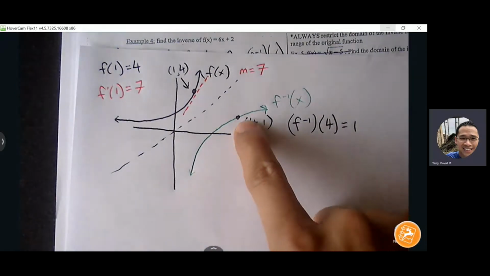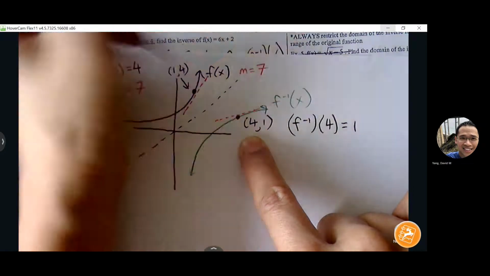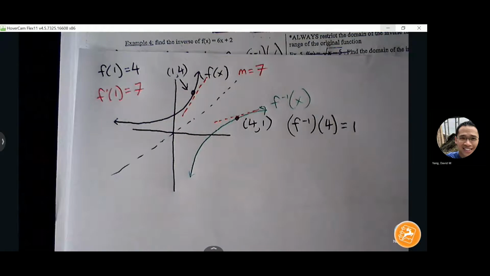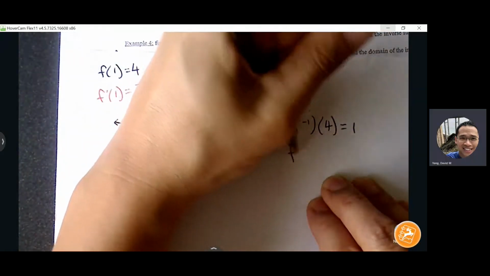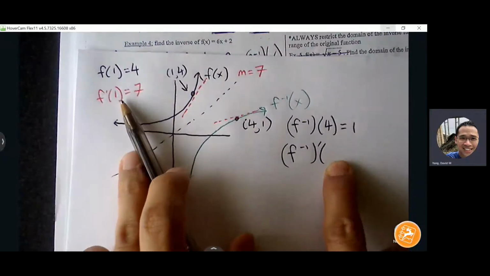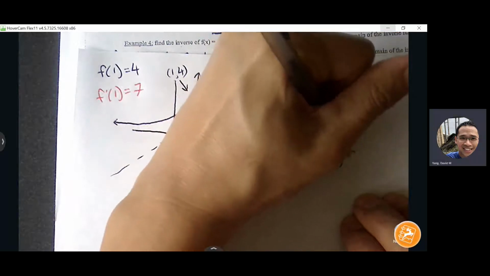Now, this slope over here has a numerical connection to this number here. So the derivative of f inverse at 4, right? Obviously not the same point. It's a different location, so it's a different x value.